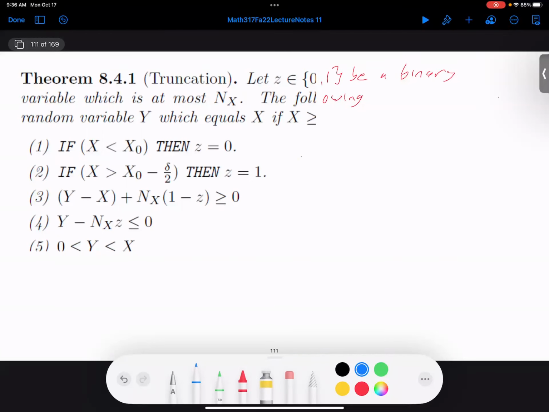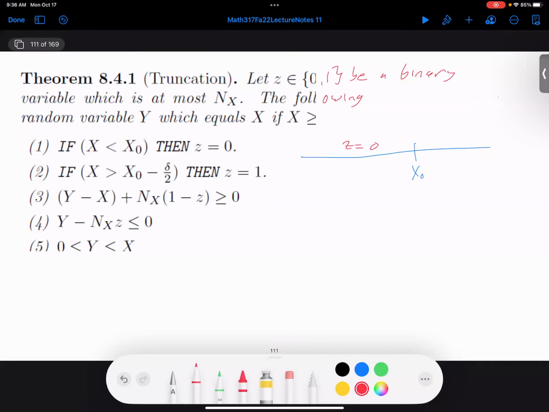Right, so if we're trying to think about what's going on, here is our value of x naught. If we are less than x naught, so over here, this is going to be z equals 0. If we're greater than x naught minus delta halves, then z is going to be equal to 1.